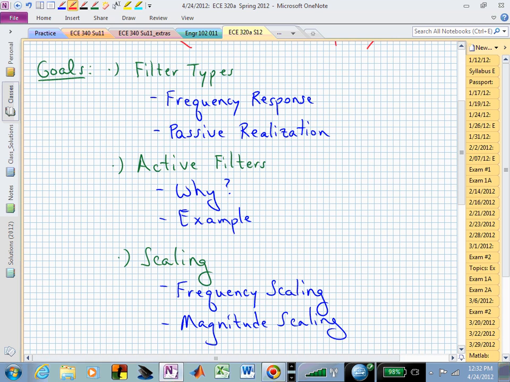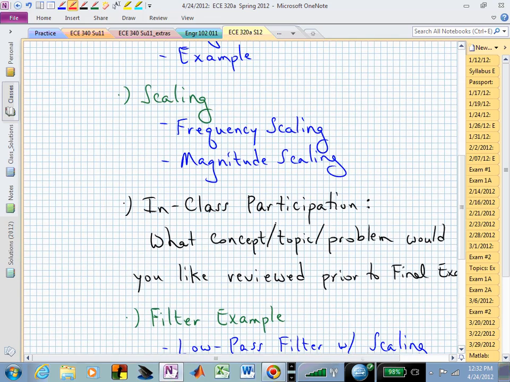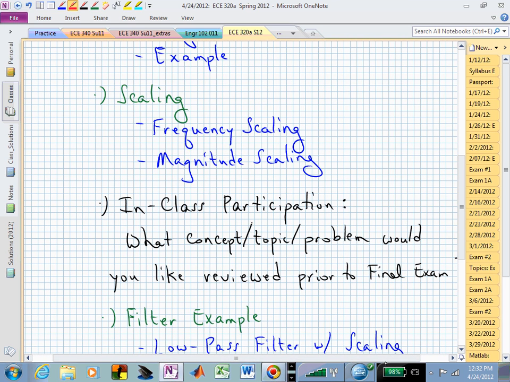We'll look at, or maybe make a couple of comments on why we might be interested in active filters. We'll work through an example. Then we will talk about scaling, which allows us now to design these filters for maybe a nominal bandwidth of 1 radian per second.